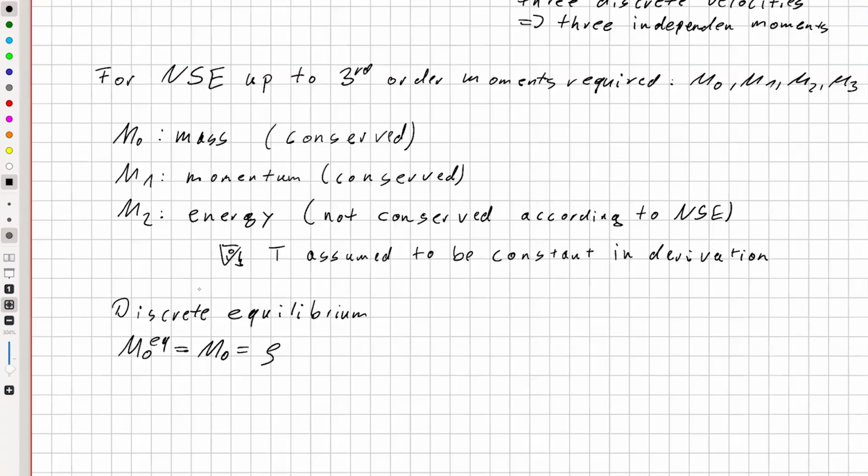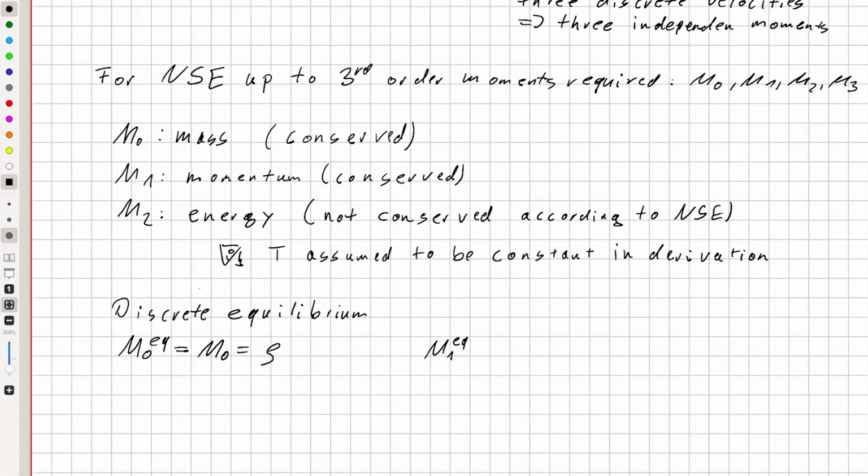The lattice Boltzmann nomenclature presents this as the density, meaning it's the mass in the volume that we occupy. Therefore, the zero moment is presented as the density.